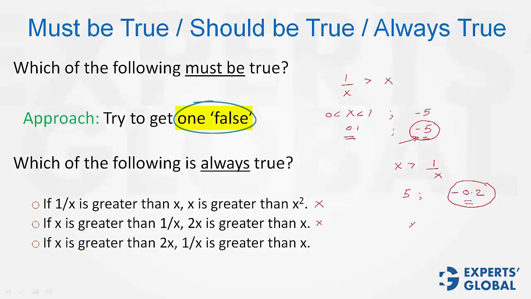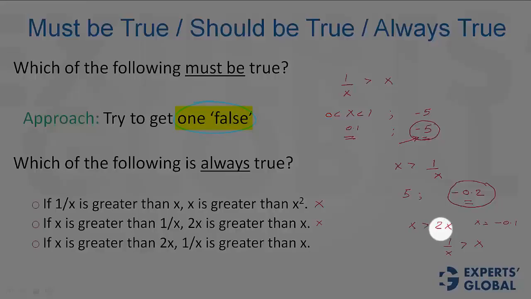One more. It's given that x is greater than 2x. When is this possible? Of course, when x is negative. Now, is 1 divided by x greater than x? Look at this. If we take x equals negative 0.1, see x is greater than 2x, yes. But 1 divided by x would become a big negative number.